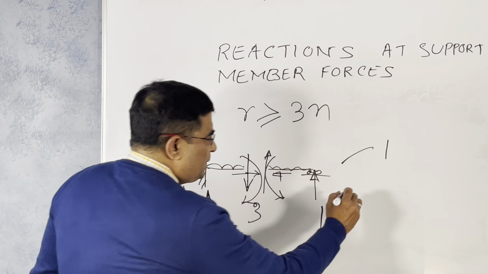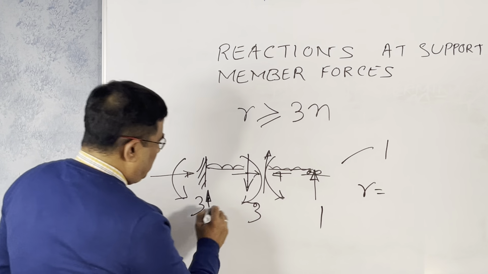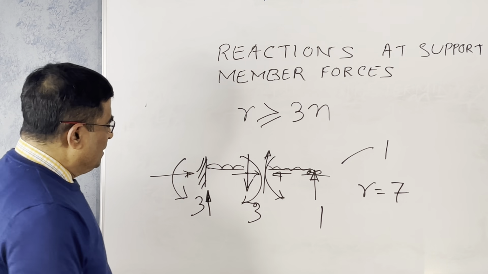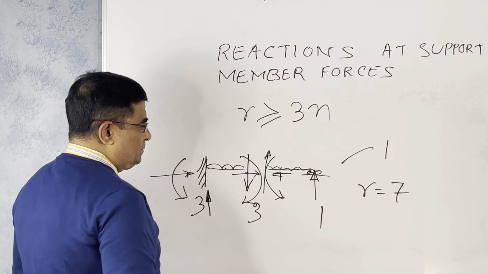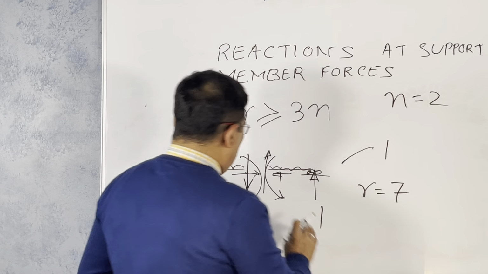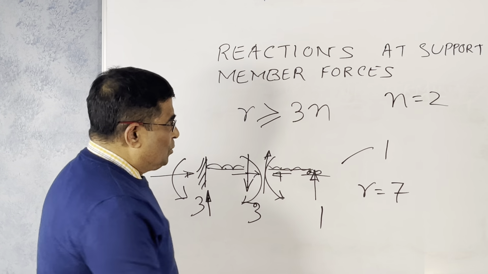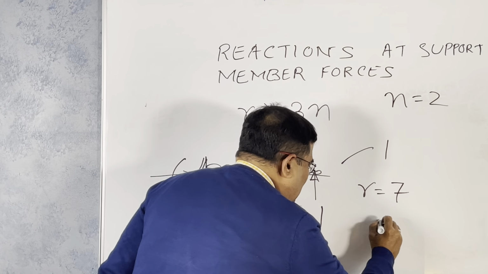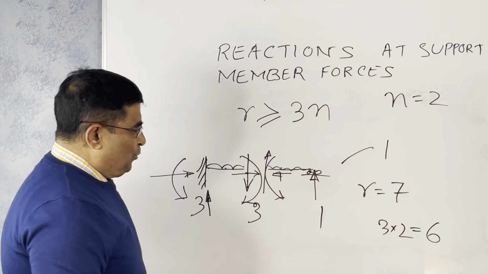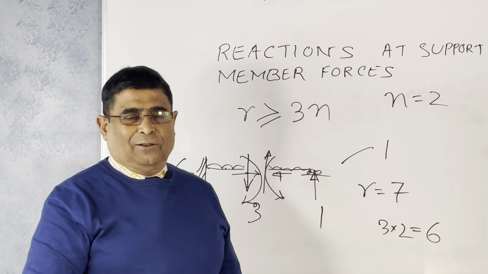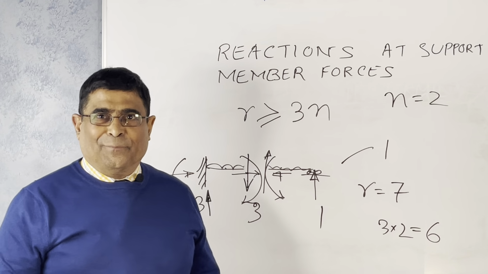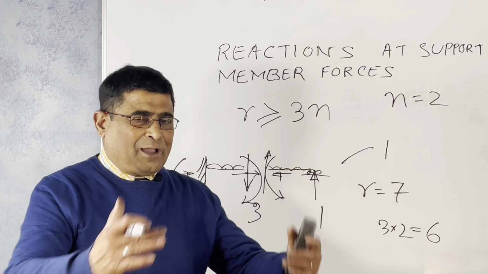So our R is 3 plus 3 plus 1, 7, right? What is the member? 1 and 2. Your n equal to 2. Now, 2 members, 2 parts. So 3 times 2 equal to 6. This way also degree of indeterminacy is 1, first degree. So this is how you calculate the degree of indeterminacy. You can do it in the exam hall or anywhere.